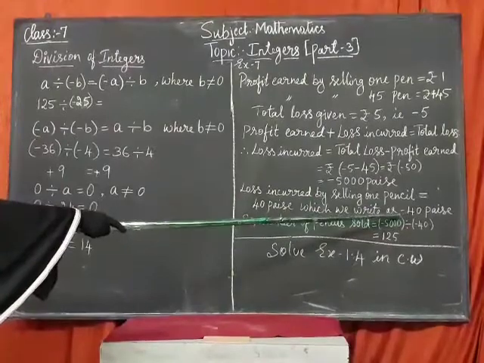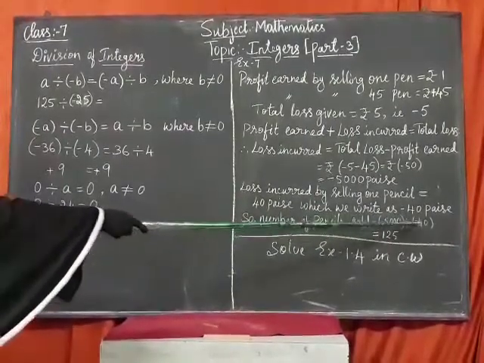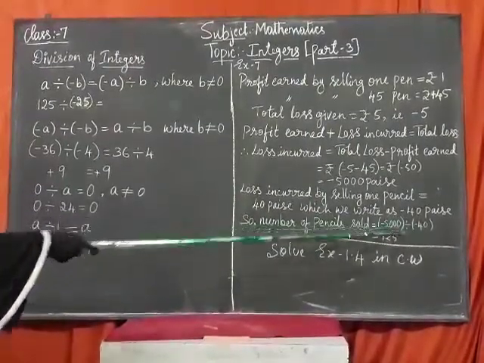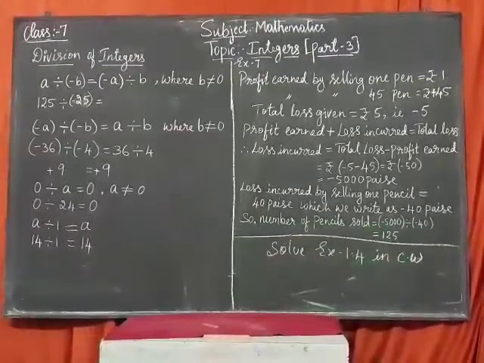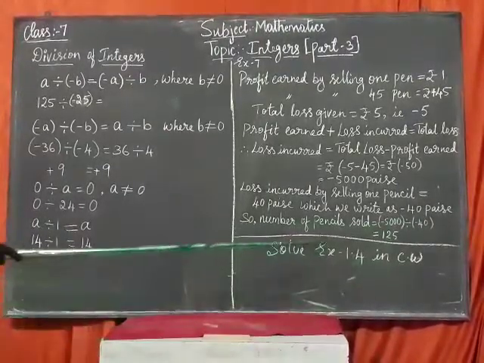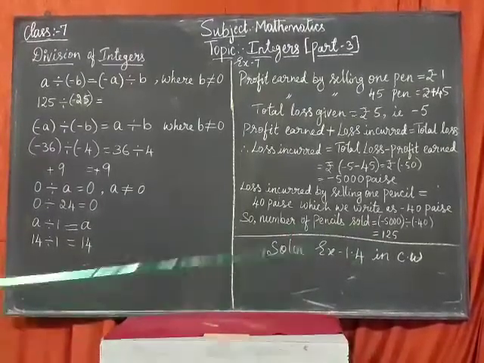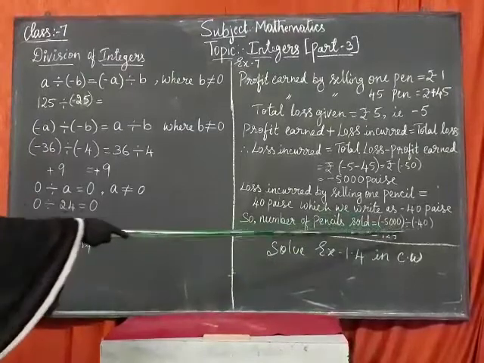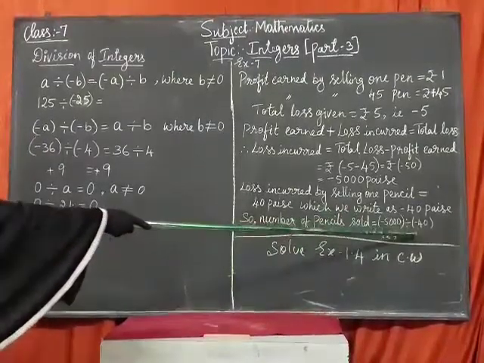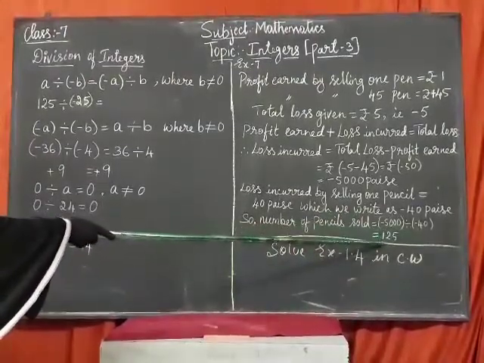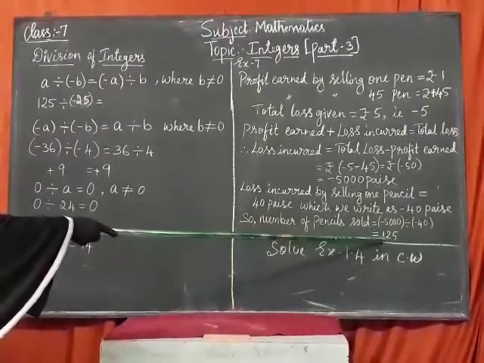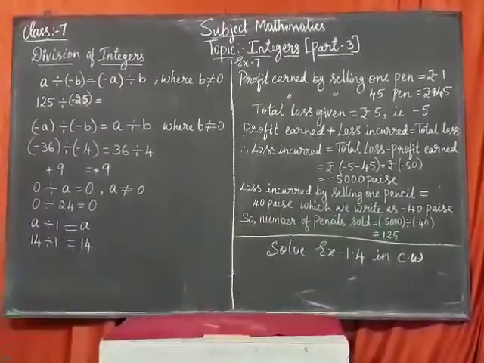Minus 40 is for one pencil. Once you do the division, you can do the division and check, right? The answer will become 125. Why is it plus or minus here now? What will be the answer? Both are negative, so it will change into positive. Minus into minus will become plus. Therefore, she sold 125 pencils.